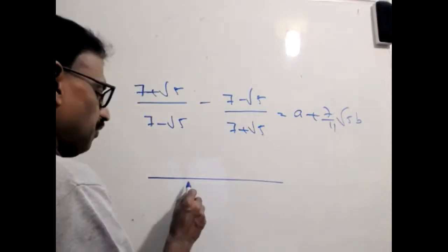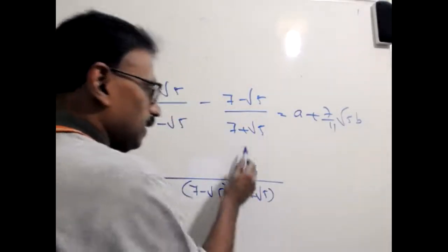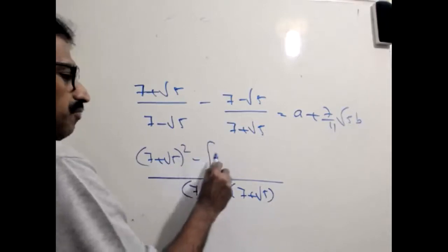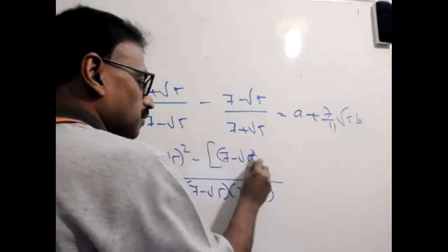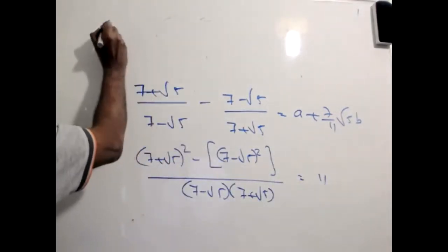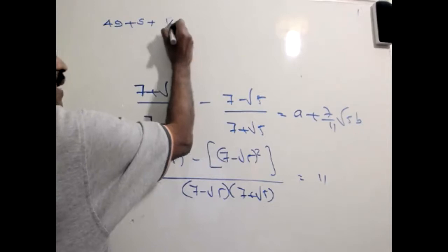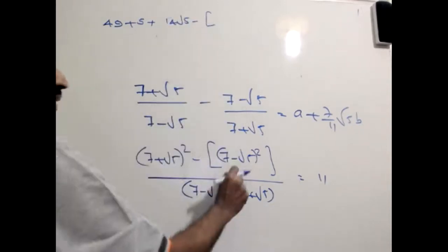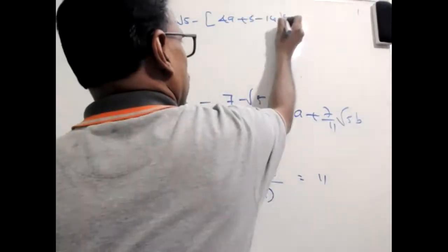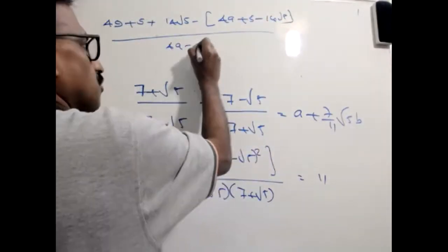Look, 7 minus root 5 into 7 plus root 5. This is coming here. (7 plus root 5) whole square minus (7 minus root 5) whole square. When you open this, 49 plus 5 plus 14 root 5 minus 49 plus 5 minus 14 root 5, divided by 49 minus 5.